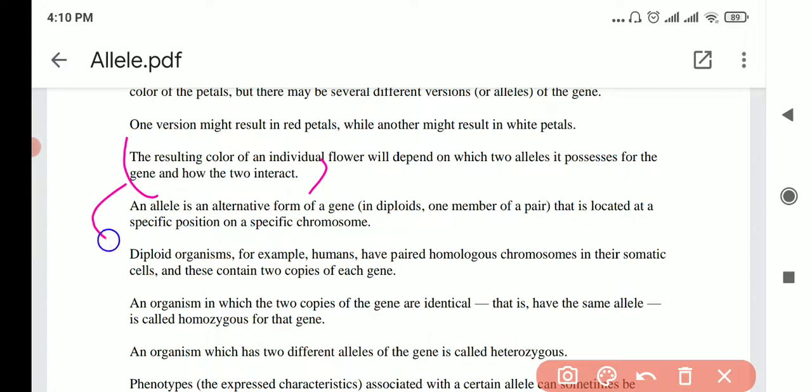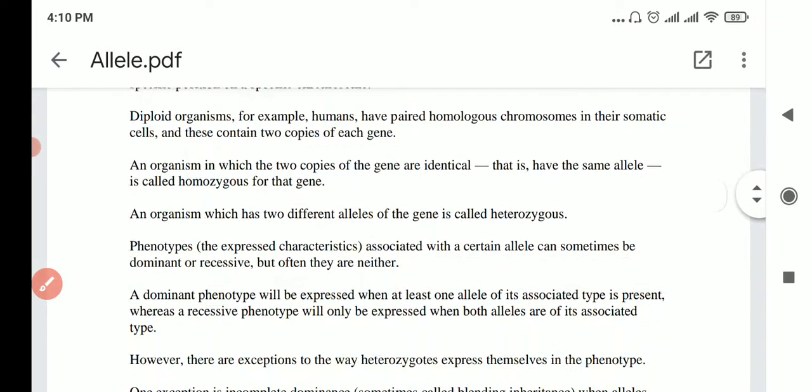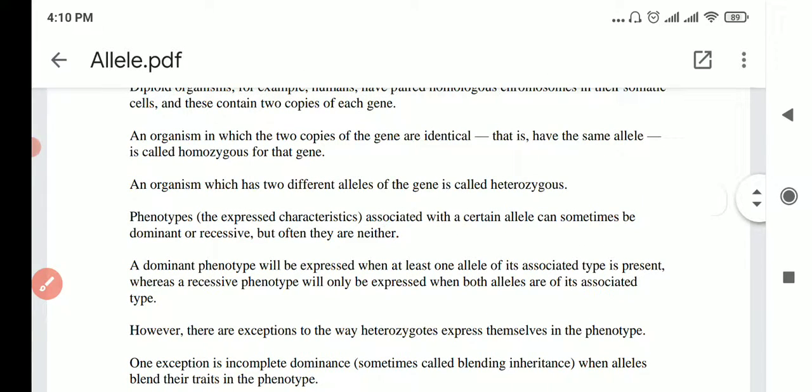So we understand that the allele is the alternative form of a gene that is located at a specific position, that is locus, in a specific chromosome. We are diploids and we have pairs of homologous chromosomes, and we have 2 copies of each gene. In triploid they will have 3 copies, in tetraploid they will have 4 copies. Then here again it's about the homozygous.